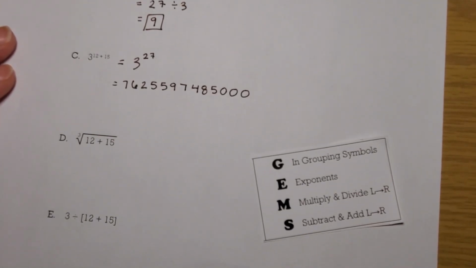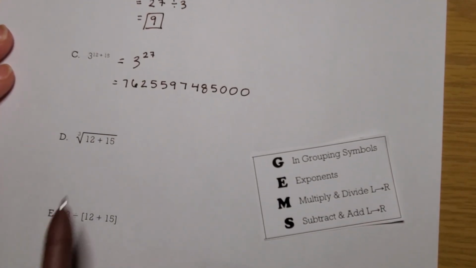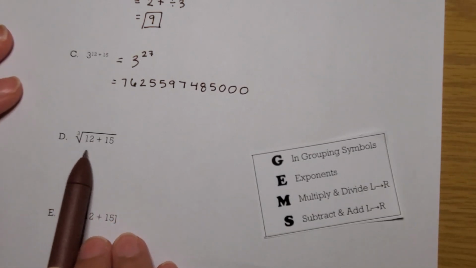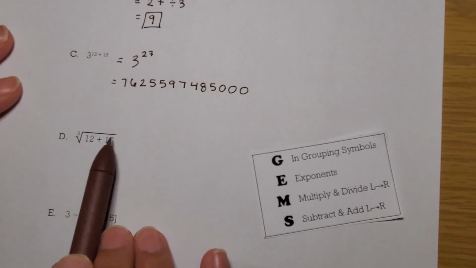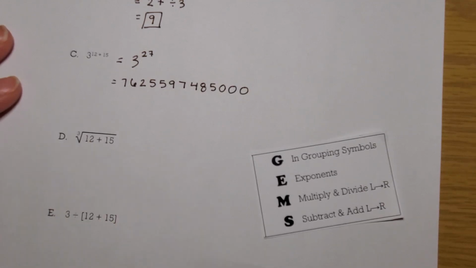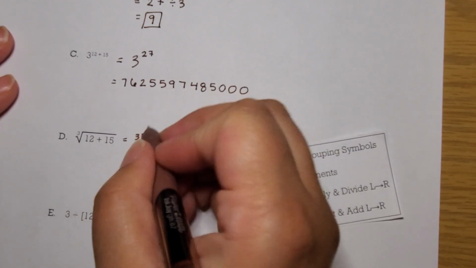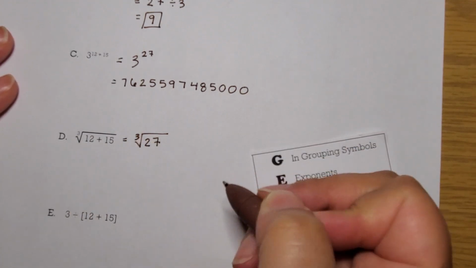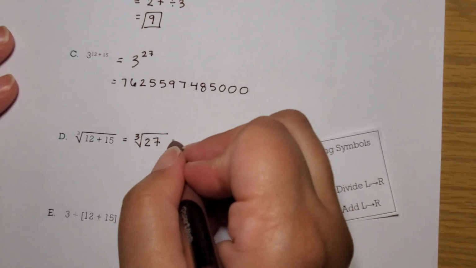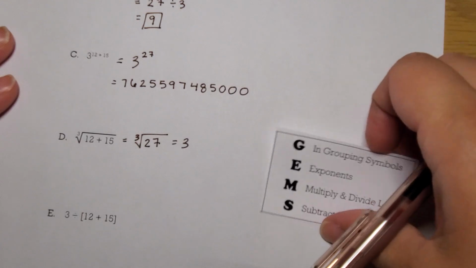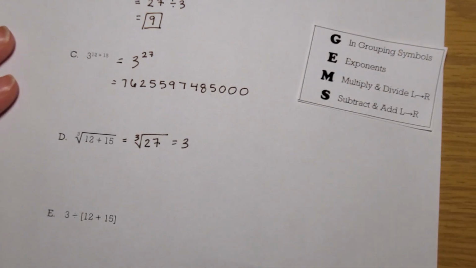Okay, so let's go ahead and look at example D here. For example D, the 12 plus 15 is all grouped underneath this radical bar. So we're going to add that first. That will give us the cubed root of 27, which I happen to know is 3. So let's go ahead and check this one.